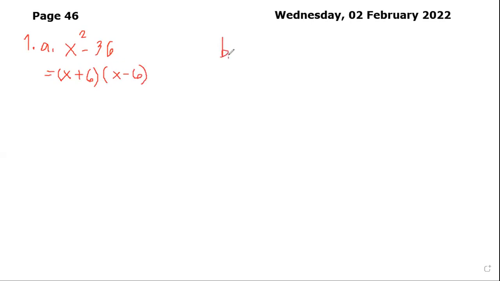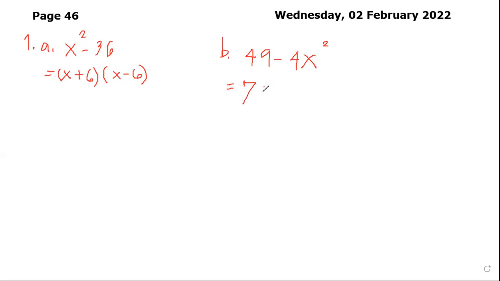Letter B, 49 minus 4x squared. Okay, so what are the factors? The square root of 49 is 7. 4x squared is 2x.